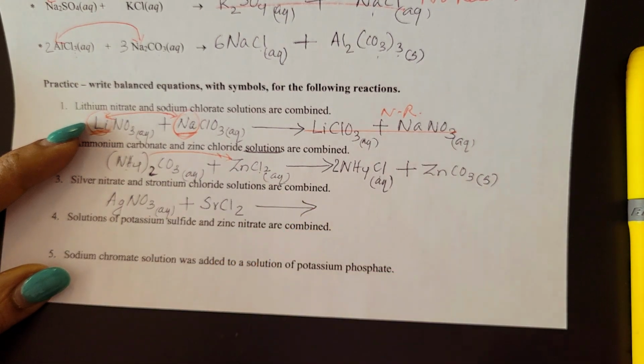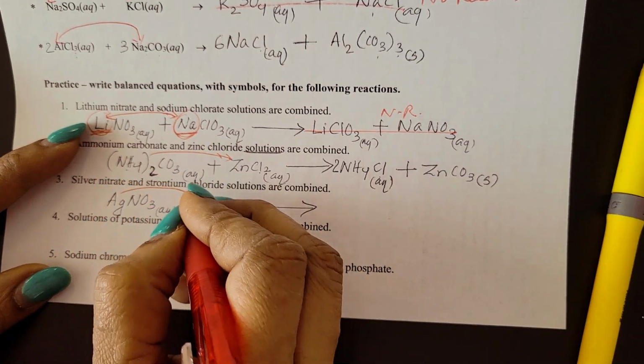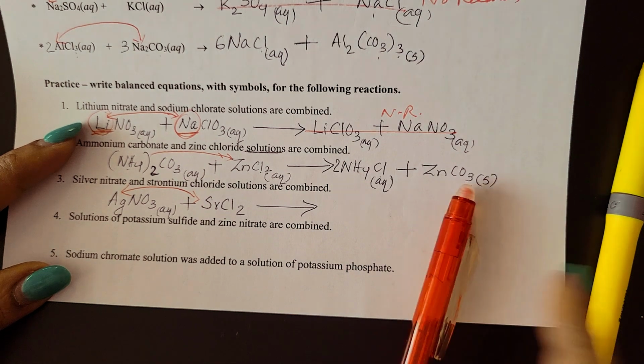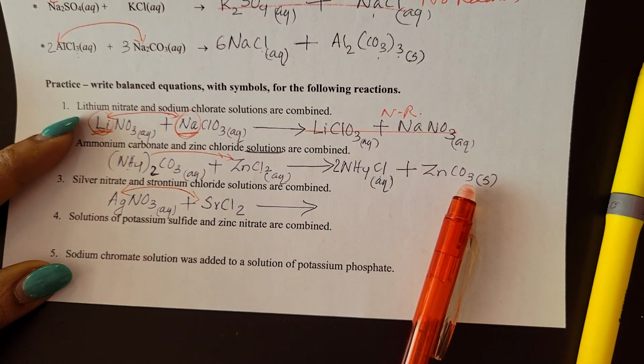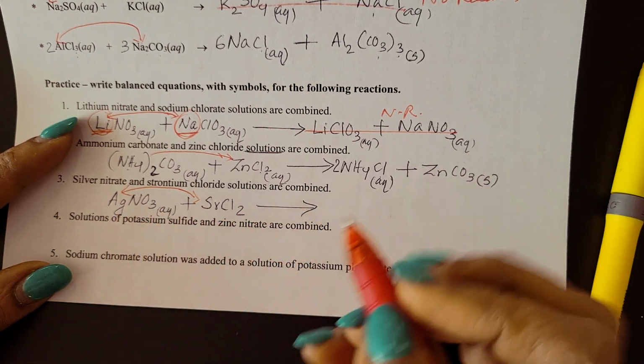Okay. Now, going to write what? Products. You are swapping the metals. Always replace the first element. Okay, Ag will go with what?